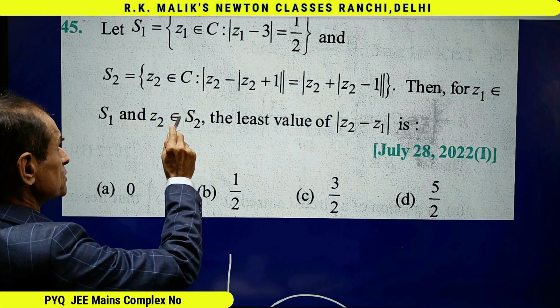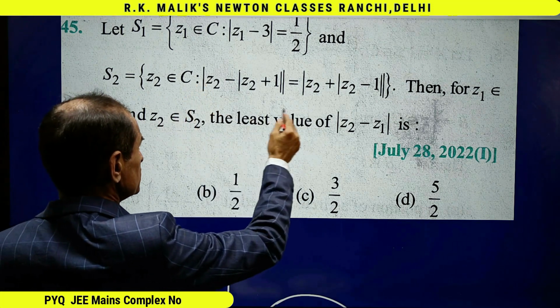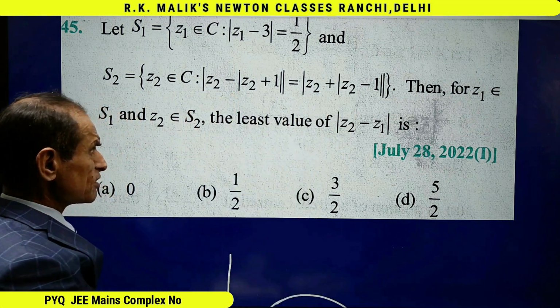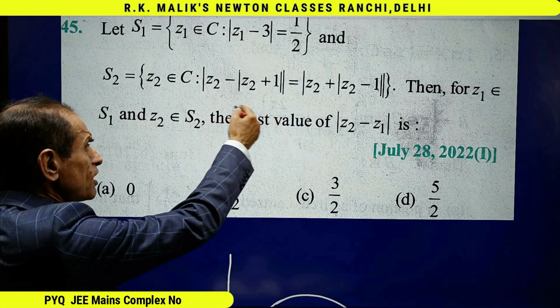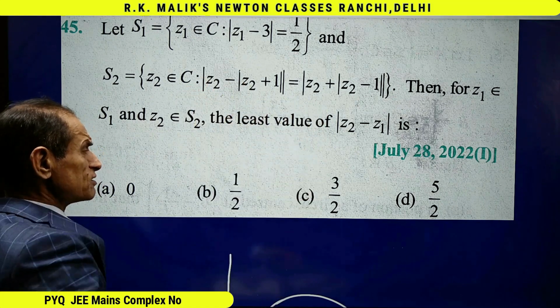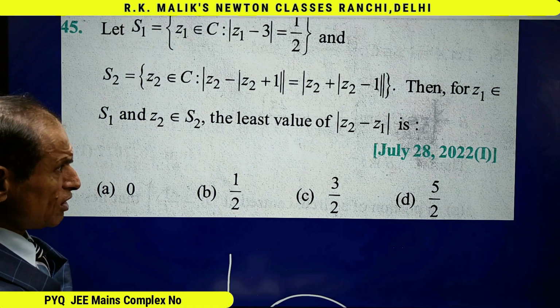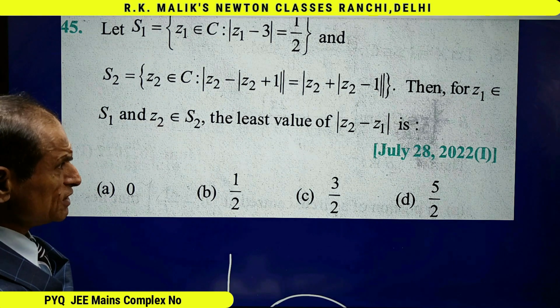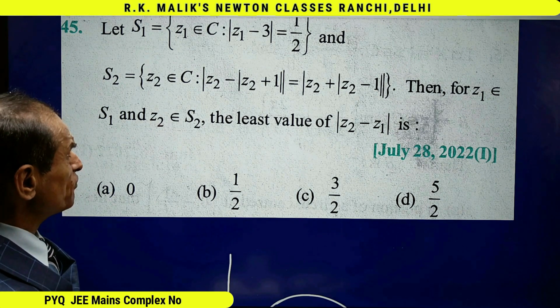The set of complex numbers belonging to S2, that is which satisfy this condition, to draw the graph of this seems to be a bit difficult. But if you proceed in proper way, then it is not that much difficult.